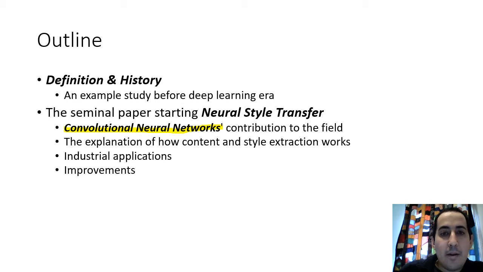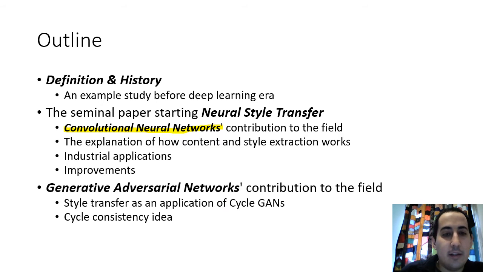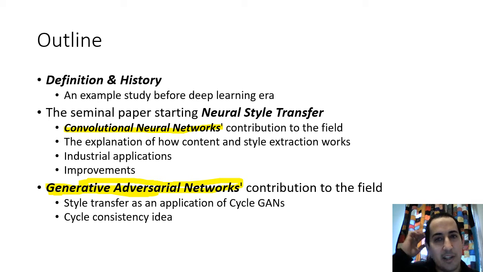Then I will focus on another approach in style transfer, generative adversarial networks, GANs. This is a very popular idea in machine learning, and as Yann LeCun, director of Facebook AI, puts it, GANs are the most interesting idea in the last 10 years in machine learning.